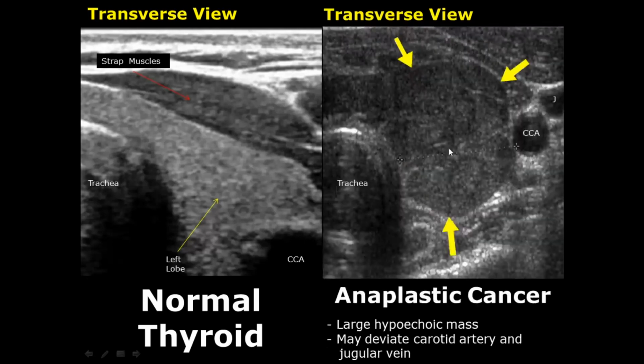Anaplastic cancers are larger in size, so you can differentiate them from other cancers due to their larger size. They appear as hypoechoic, and they can also deviate the common carotid artery and the internal jugular vein.